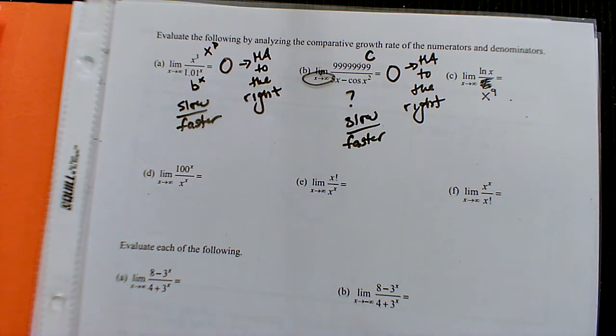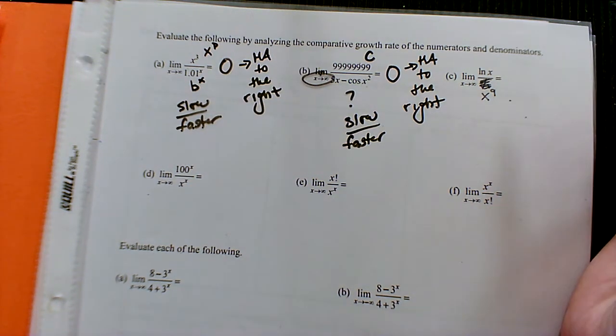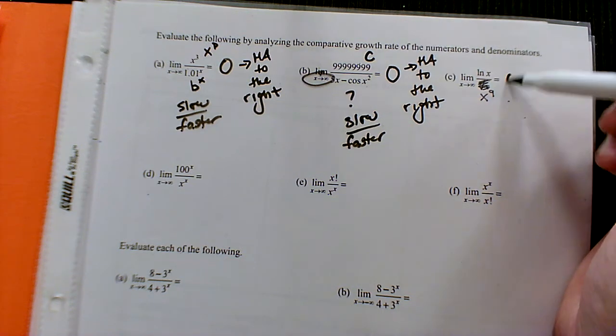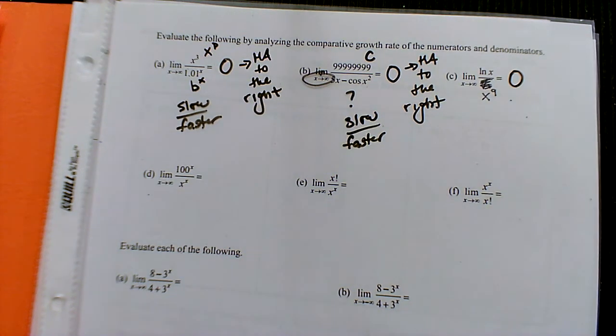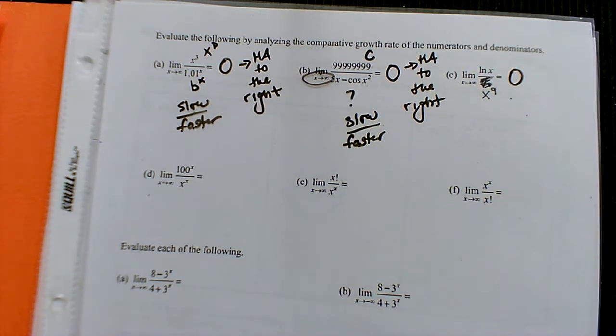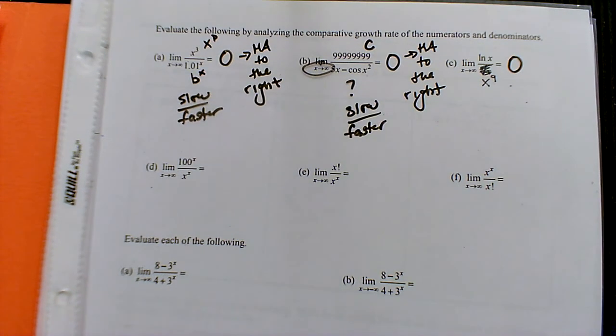What about the next one? What's growing faster, top or bottom? Bottom. So if the bottom's growing faster, we're going towards 0. What about the next one?